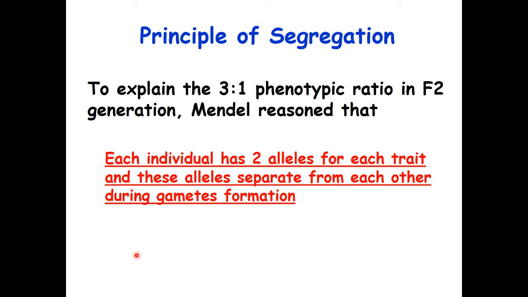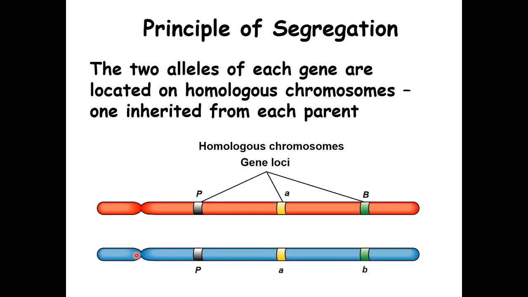He figured out that these two alleles actually separate from each other during gamete formation. So he's talking about meiosis right here. He's talking about how the homologous chromosomes separate into two different gametes. Okay, so that's the law of segregation.